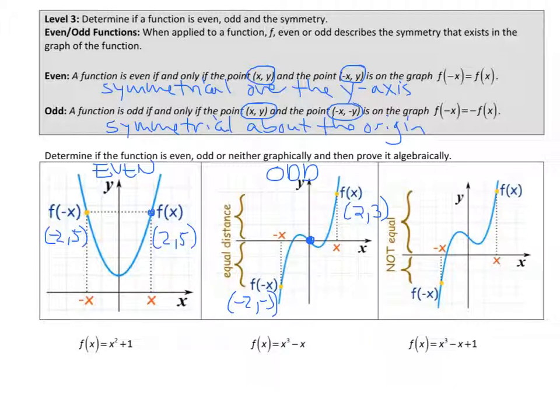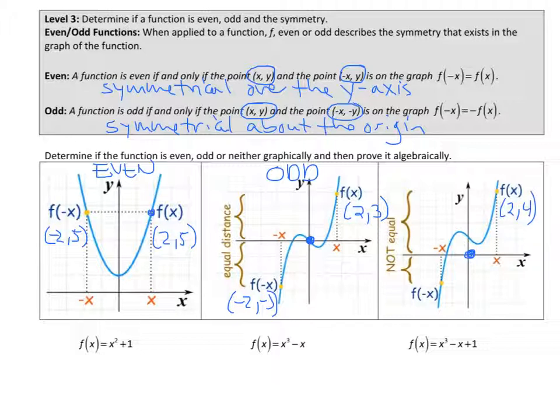Now, if you look at the next graph, it looks very similar to the odd function that we just had, but if I stuck a pin right in the origin, which is down here, and I rotate this graph 180 degrees, it's not going to land in the same place because it's shifted up. Also, let's say this is the point 2, 4.